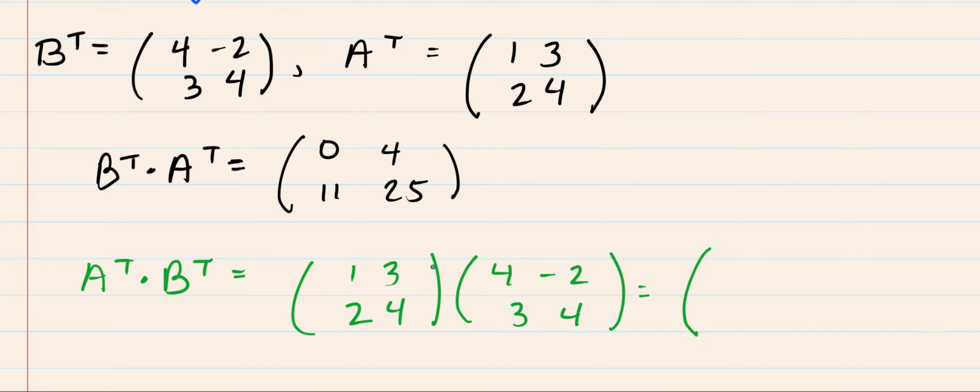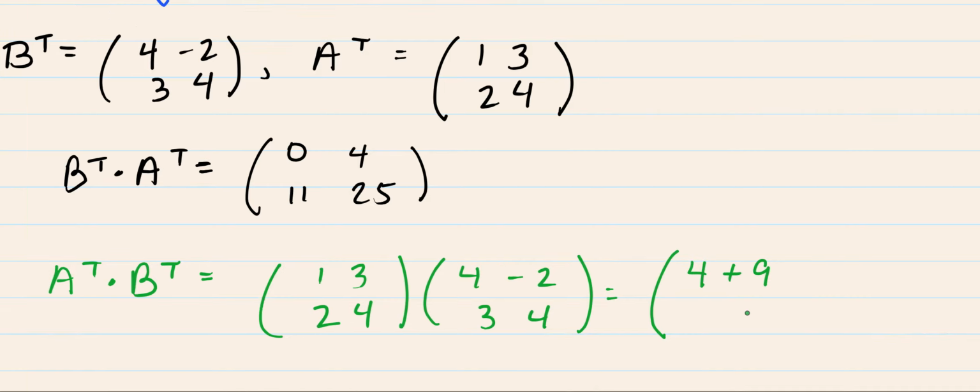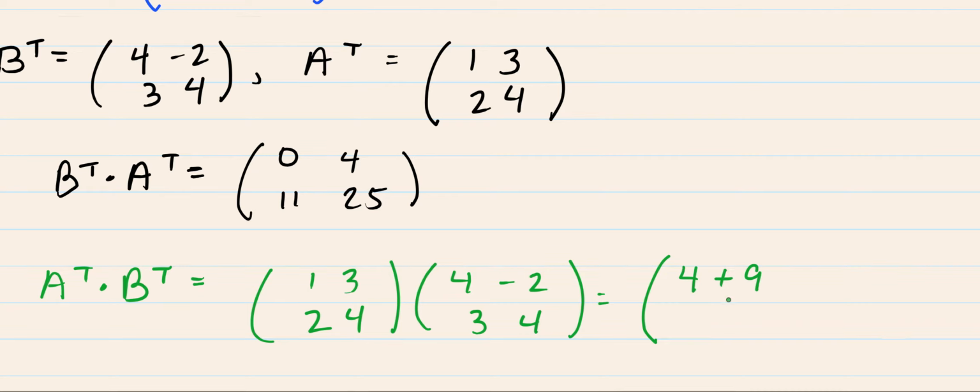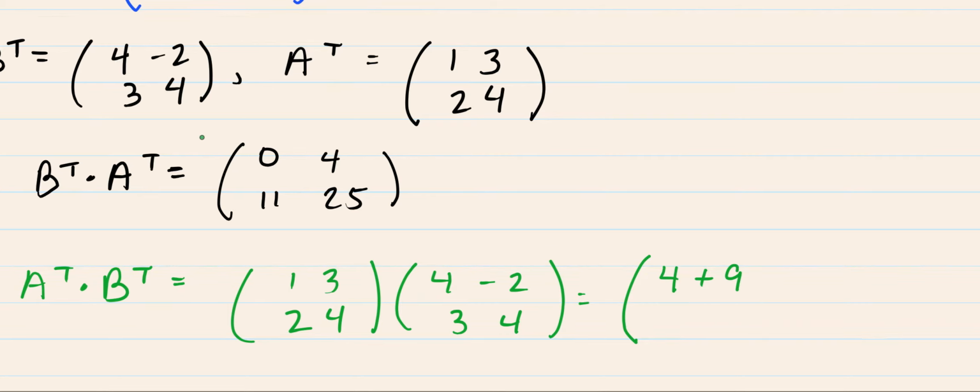Okay, so we get 4 plus 9. And we could probably stop there, but I'm going to continue, because if we don't get the same thing as this, then we're done, and we don't. But anyway, I'll continue just to do that.